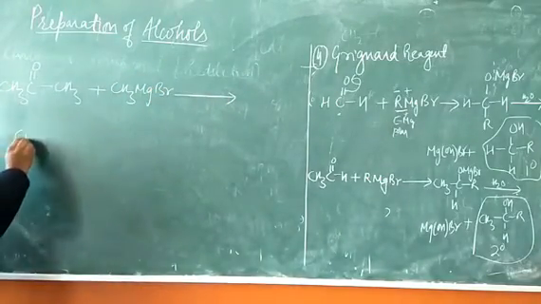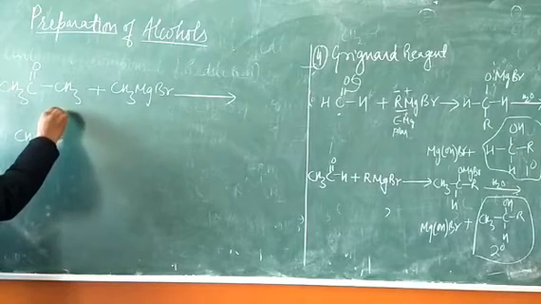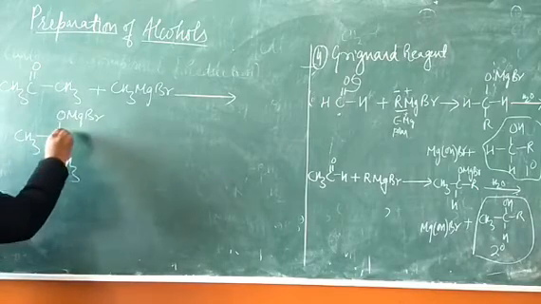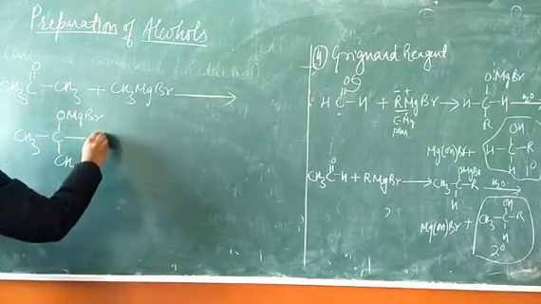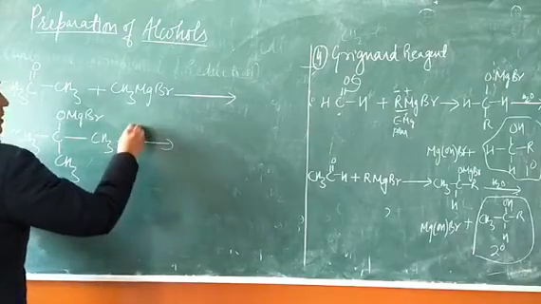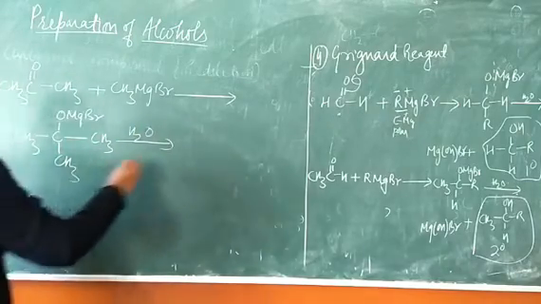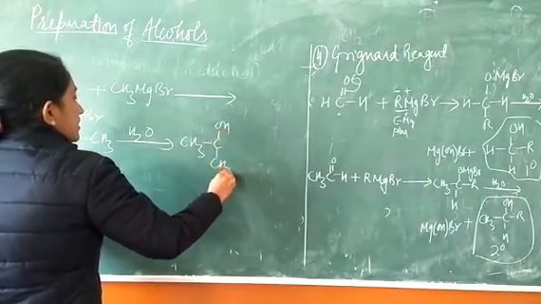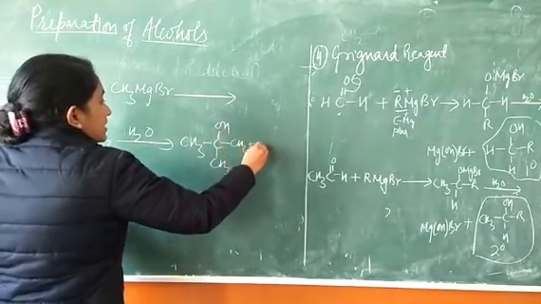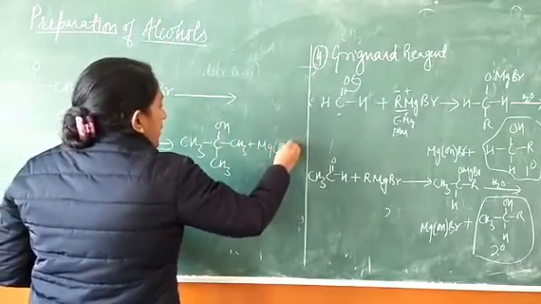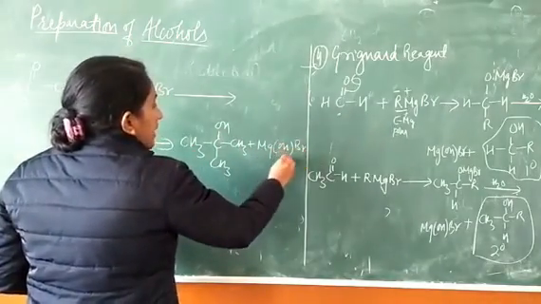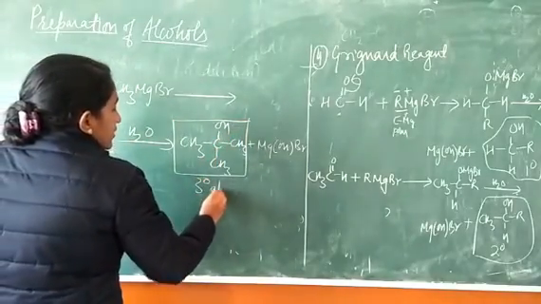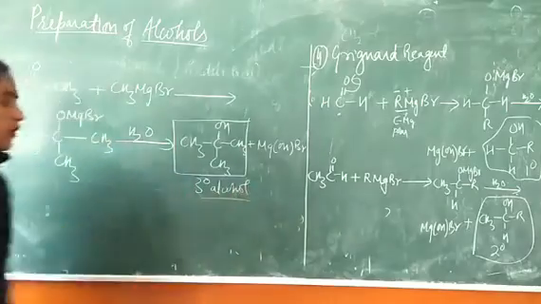First it will be (CH3)3C-OMgBr, with CH3 groups on the carbon. Then hydrolysis gives (CH3)3C-OH plus magnesium hydroxybromide, and you can see that this is a tertiary alcohol.